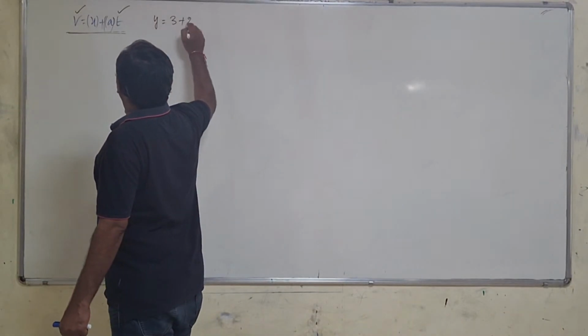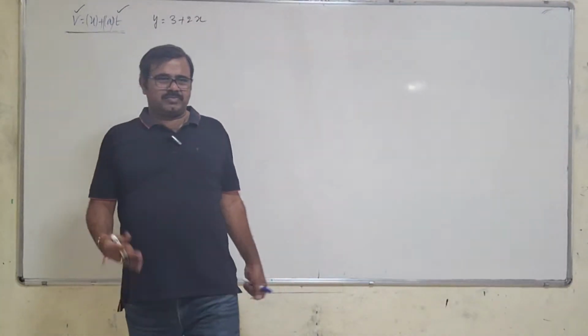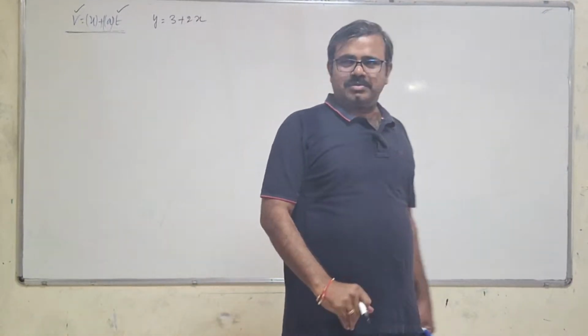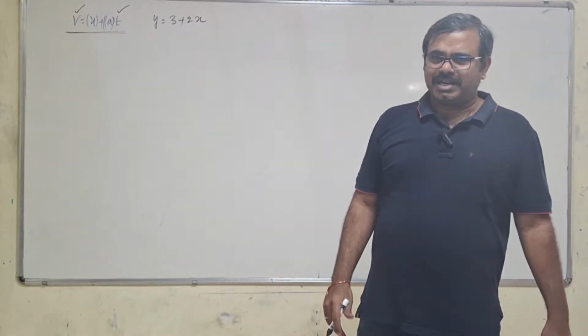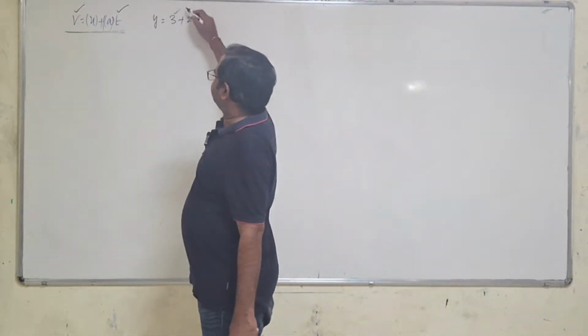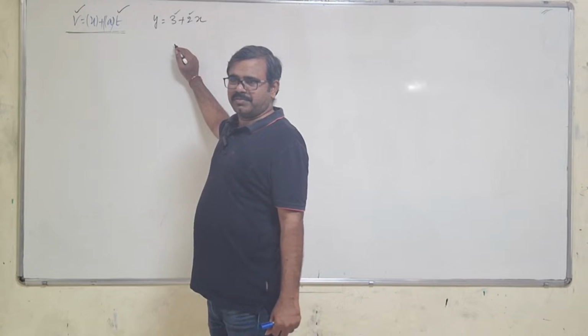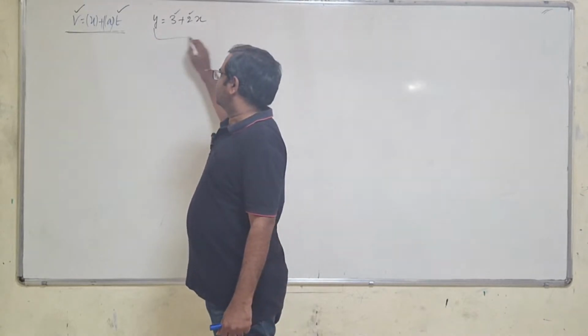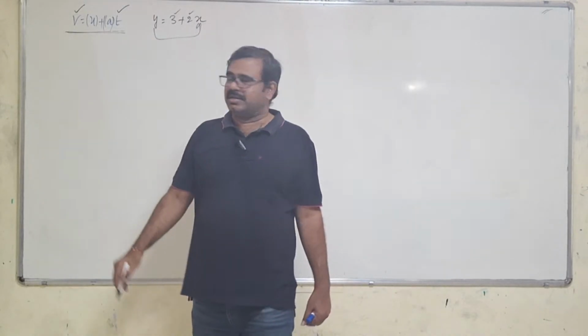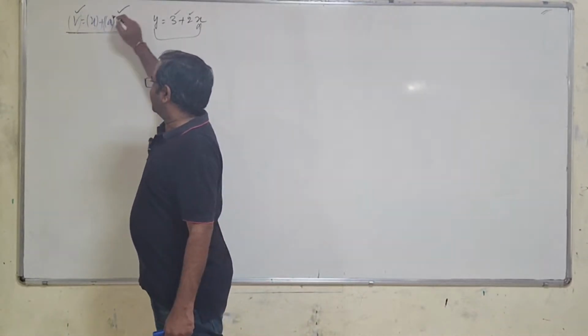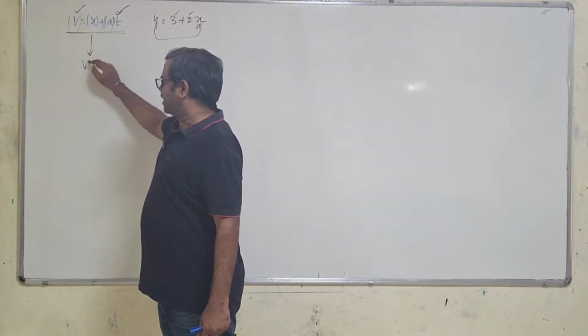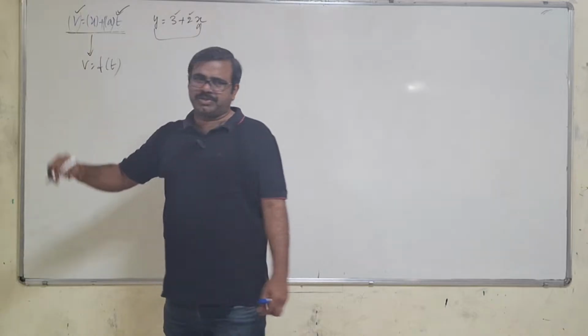Doesn't it look like y is equal to 3 plus 2x or 4 plus 2x, whatever? 3 and 2 are constants, right? So y changes as x changes. Similarly here, velocity varies with time. So this equation tells us that velocity is a function of time.